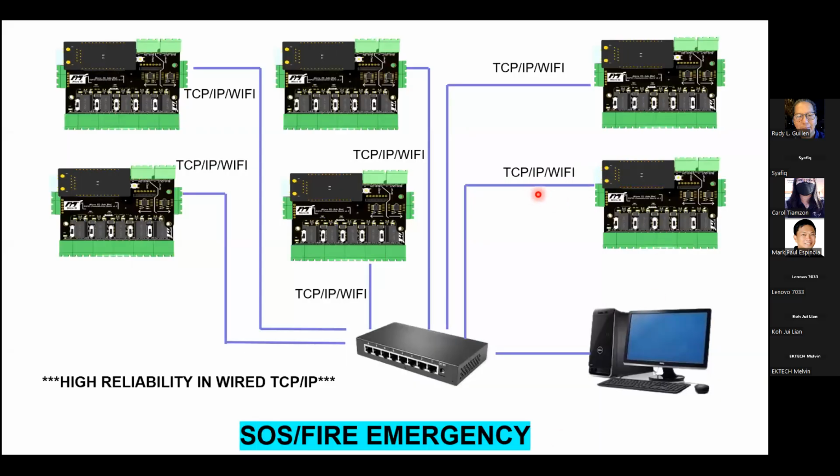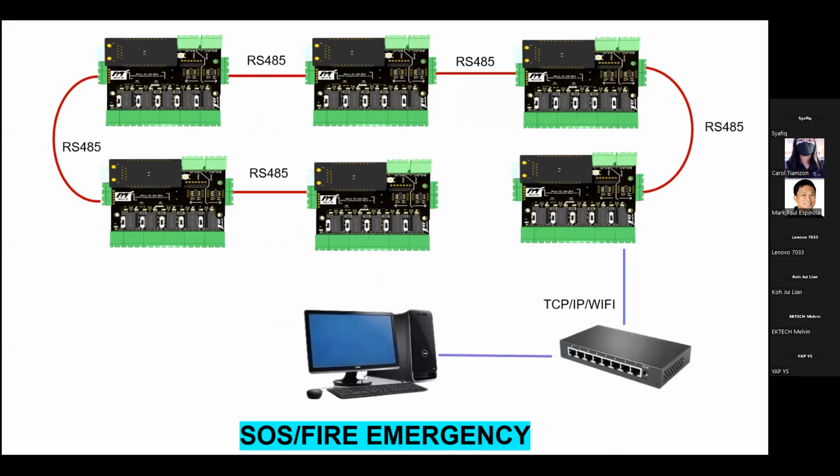The TCP connection is pretty much straightforward. Each and every board will connect to a TCP location, to a switch. Then they're able to access the software. For RS-485, one unit should be connected to TCP, and the rest of the units can be in series on RS-485.